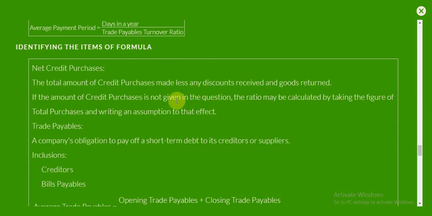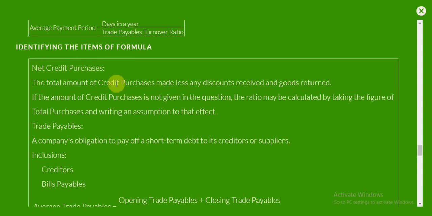We will look at each of the items of the formula. First, the net credit purchases. The total amount of credit purchases made less any discounts received and goods returned. That is what the net credit purchases is.